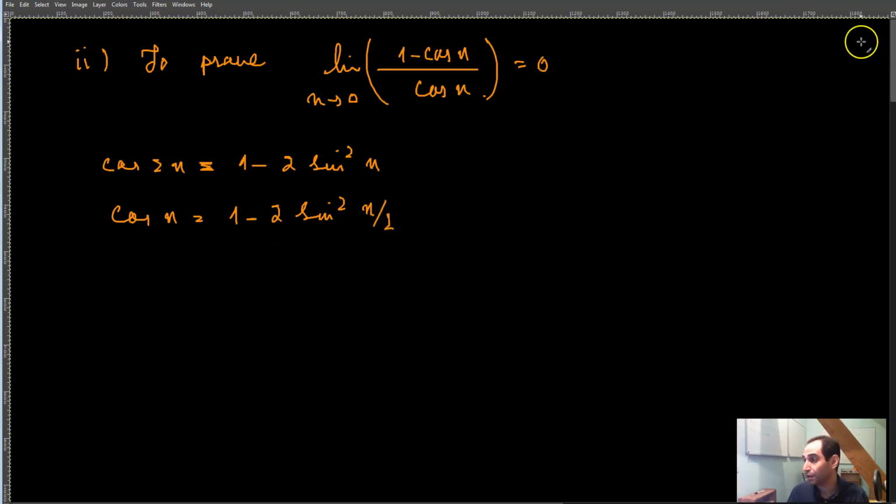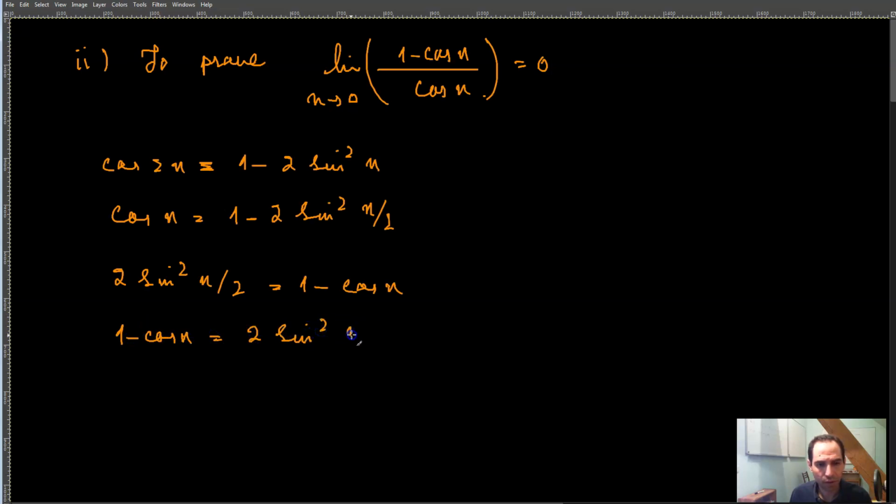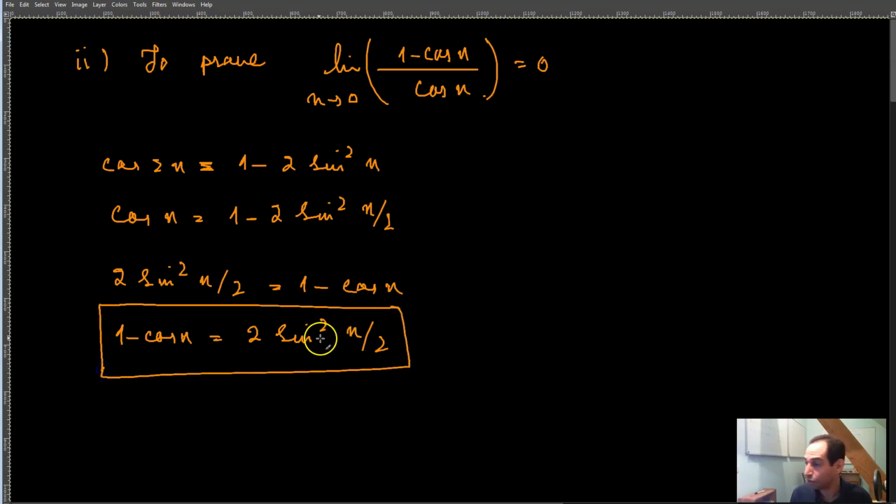And then taking cos x to this side and negative 2 sine squared x by 2 to the other side, you get 2 times sine squared x divided by 2 is equal to 1 minus cos x. Or you can write 1 minus cos x is equal to 2 times sine squared x divided by 2. So that identity we can use here.